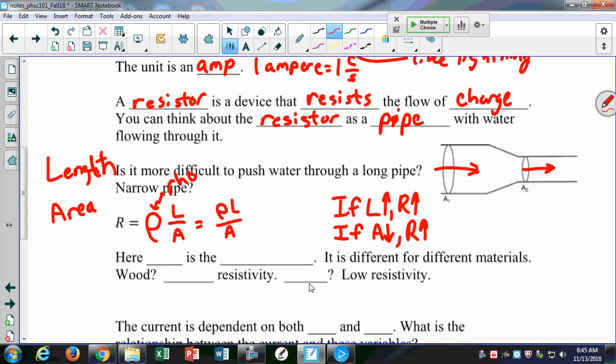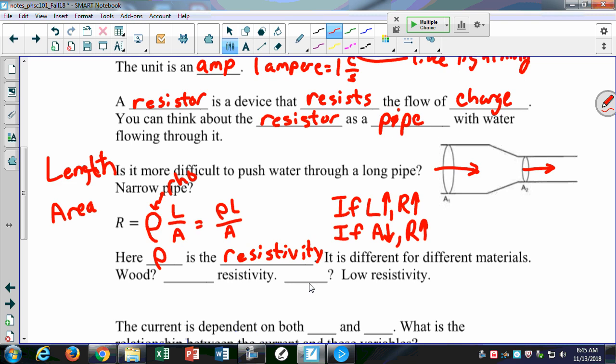Okay? Here, rho is a constant. It's kind of like with kappa, where we had that constant for the capacitors. Rho is the resistivity. It's different for different materials. So there's wood. It describes how much resistance this material will put up to electricity flowing through it.